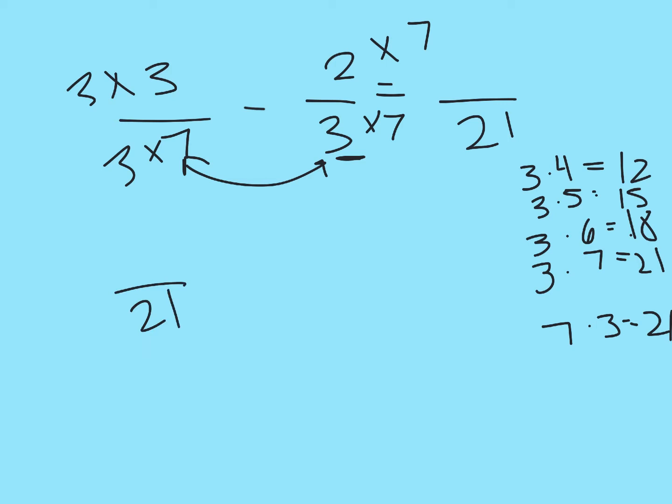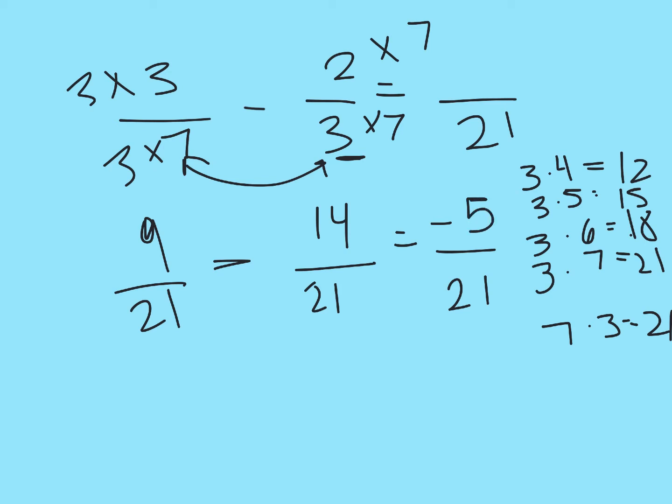Then I have 21 because 7 times 3 is 21. 3 times 3 is 9 minus 2 times 7, 14. Then here I have 21. I think I'm going to have a negative here. So 9 minus 14 will give me -5. So my answer is going to be -5/21.